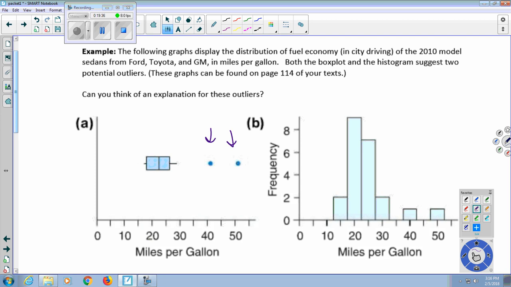So here are the 2 potential outliers in both of them. And maybe there's something different about these 2 sedans, maybe they're both hybrids or something that increases their fuel economy.